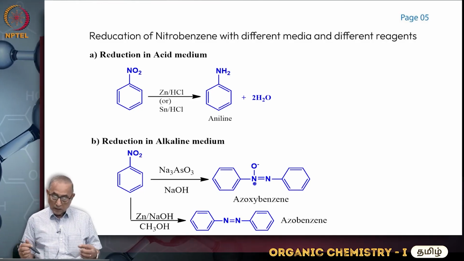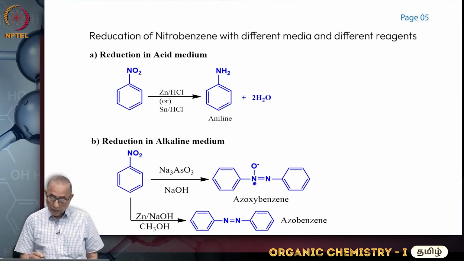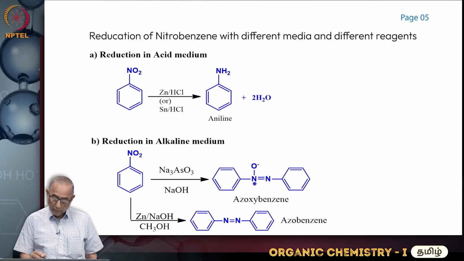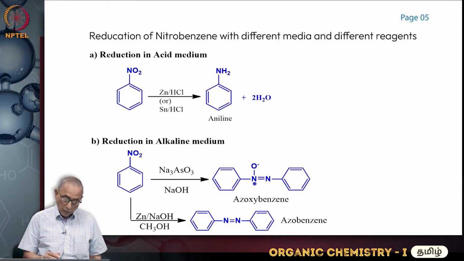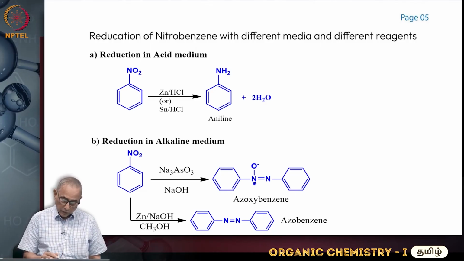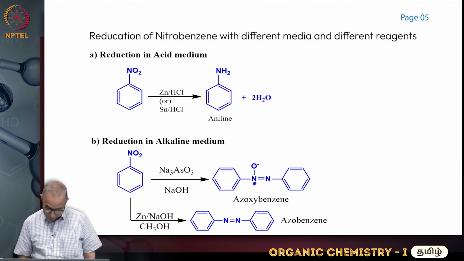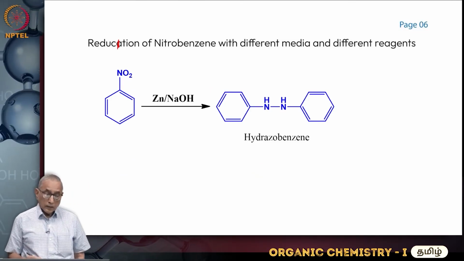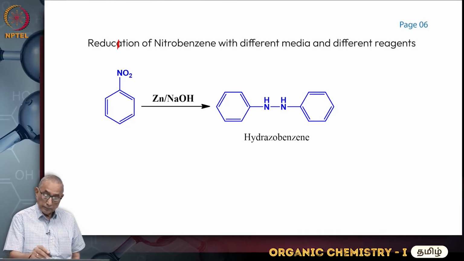It results in combination of two molecules of nitrobenzene to form N double bond N with an O remaining there. It is called azoxybenzene. Now, if you reduce it with another type of alkaline medium, zinc and sodium hydroxide in methanol, you get azobenzene. If you reduce nitrobenzene in zinc and sodium hydroxide, you get hydrazobenzene.